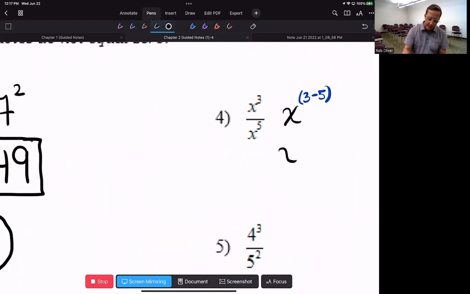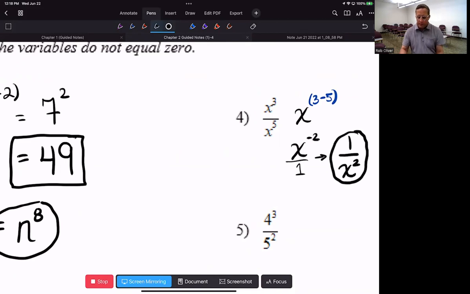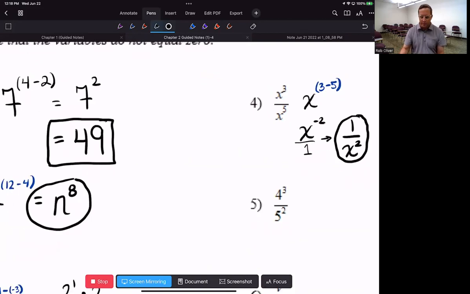So you get x to the negative 2, and we don't want to leave anything with a negative exponent unless it's explicitly asked for. So we're going to change the negative 2 to positive 2 by changing its location. So this is going to become 1 over x squared.